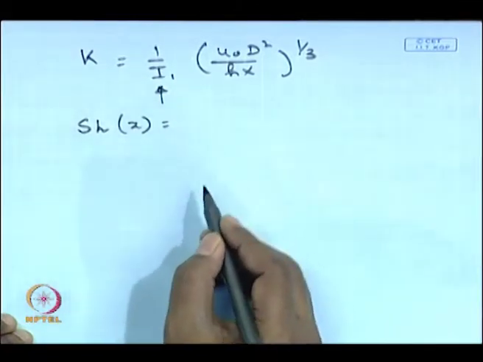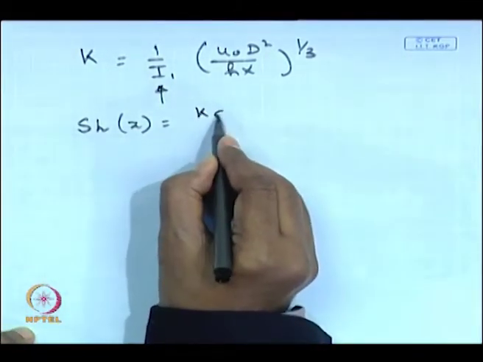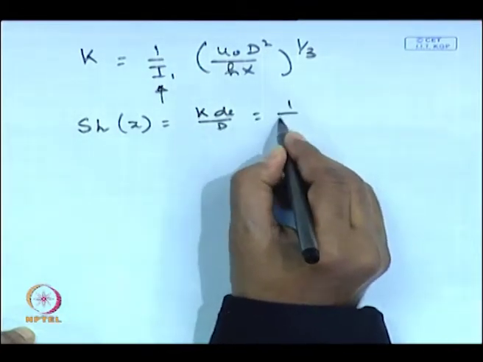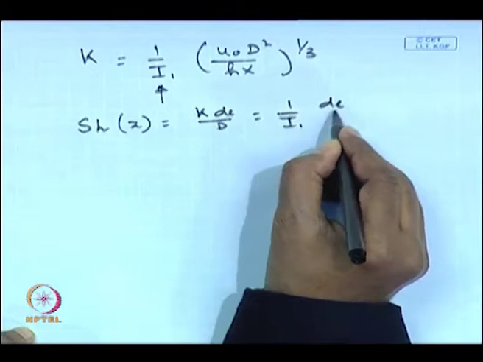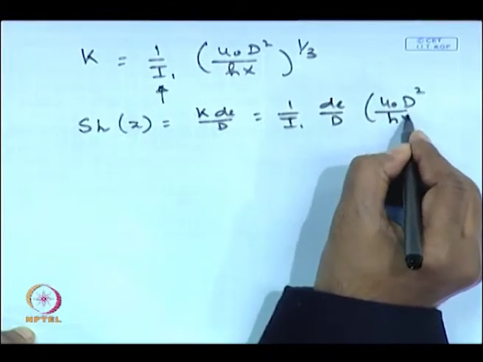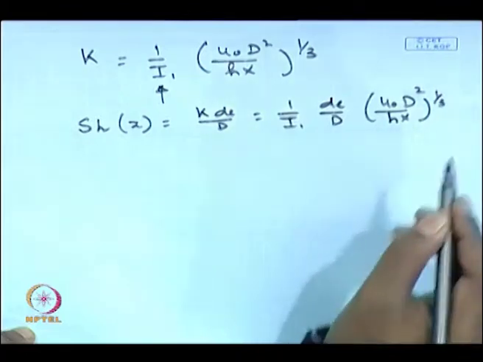What is Sherwood number? Sherwood number is nothing but K d by D. So this will be 1 over I1 d by D (U0 d squared divided by Hx) raised to the power 1 upon 3.